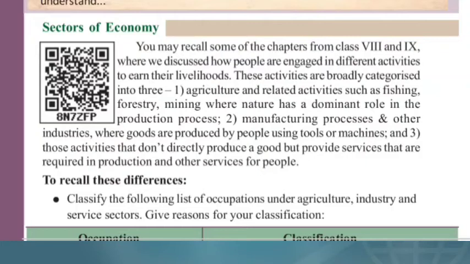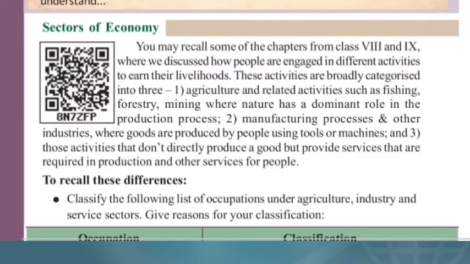It is called the secondary sector or industrial sector. In the primary sector, what is the main dominant role? Yes, it is nature's dominant role. The production is based on nature. But in the secondary sector, the production is based on tools or machines. These are the main differences.